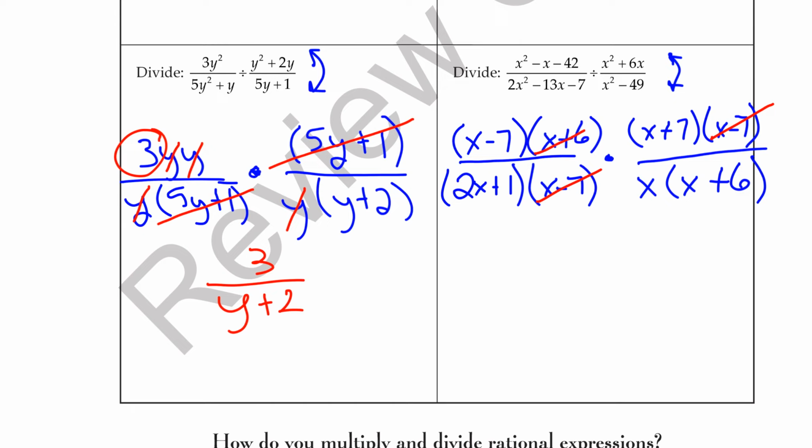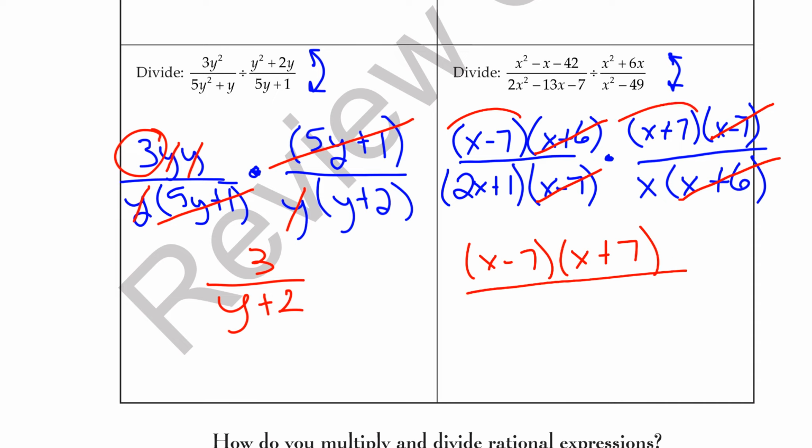This x plus 6 can cancel with this x plus 6, and it looks like that's going to be it. So in the numerator, we have left x minus 7 times x plus 7 from here and here, and in the denominator, an x here times 2x plus 1 from here. Looks like that's about it.